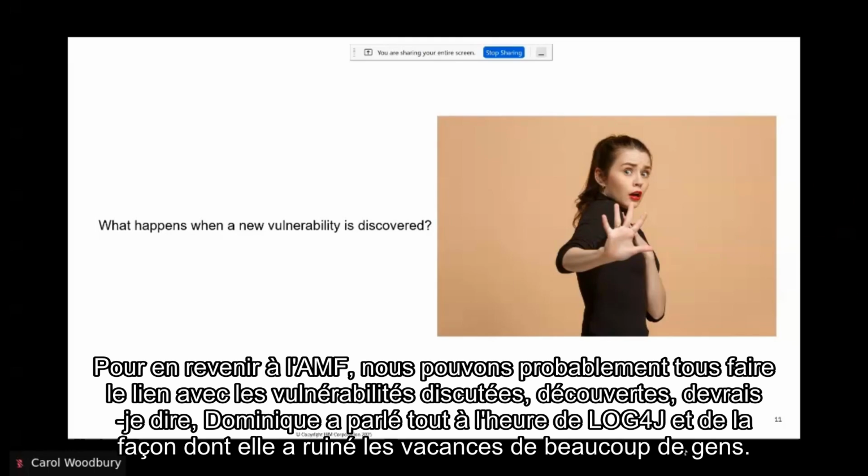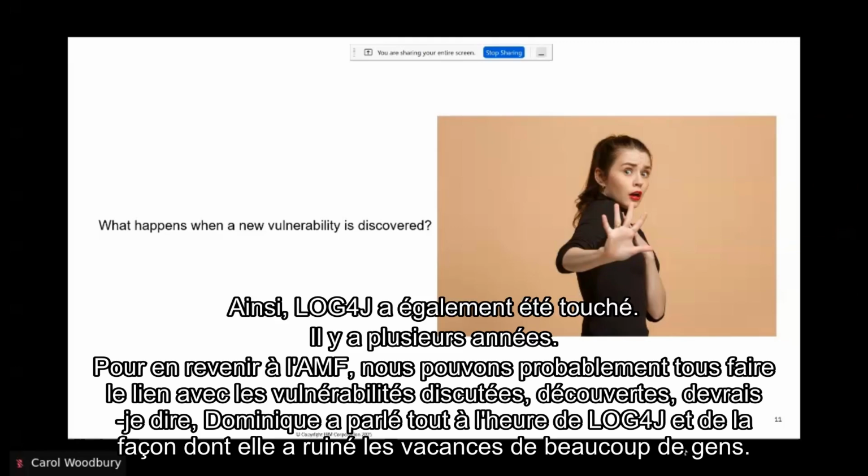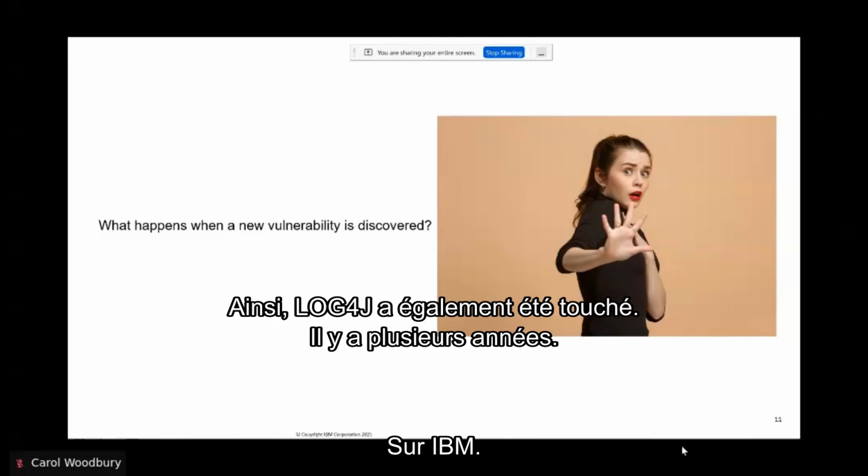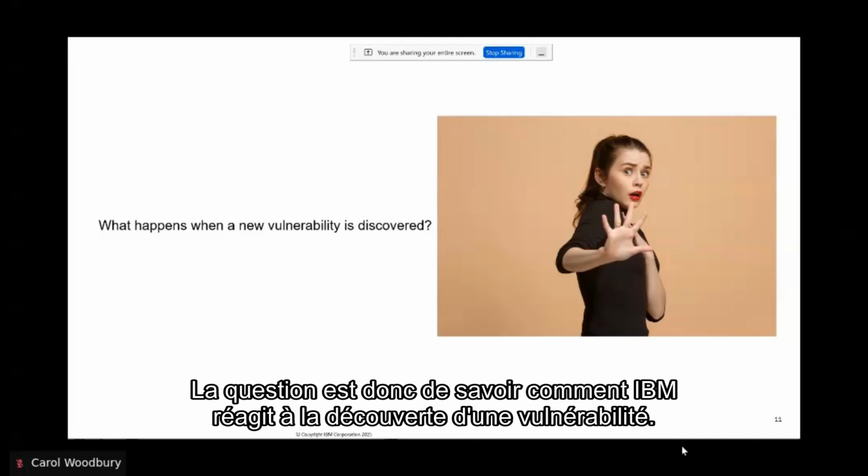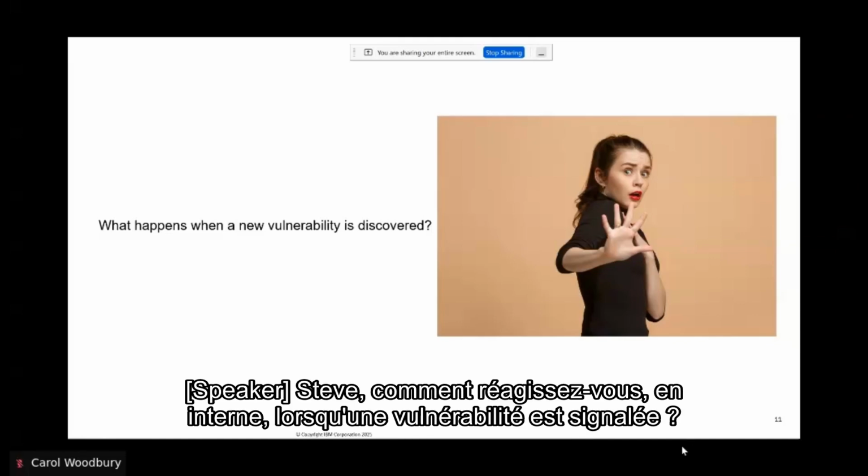So Log4j was also a part of, was affected on IBM i. So the question really is, how does IBM respond when a vulnerability is discovered? So what happens internally, Steve, when a vulnerability is reported?